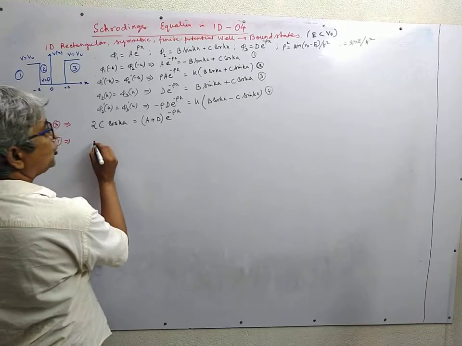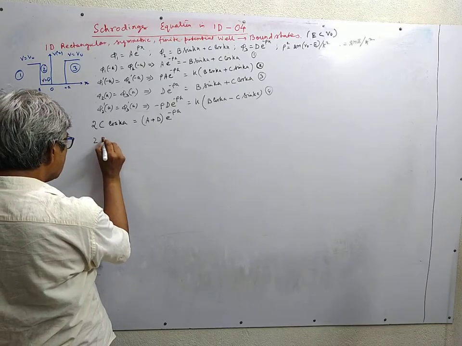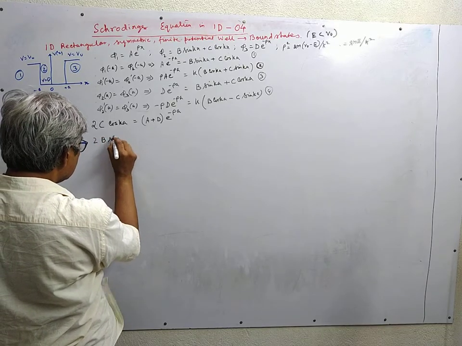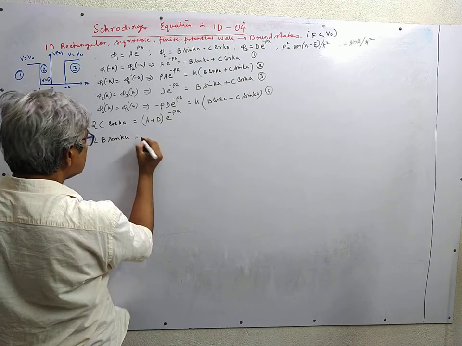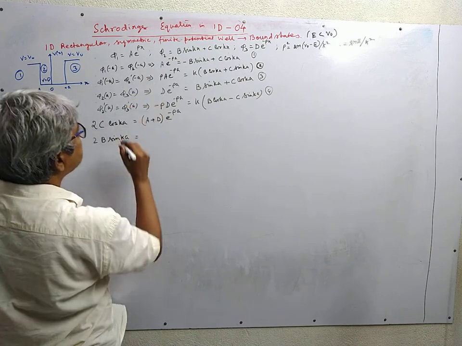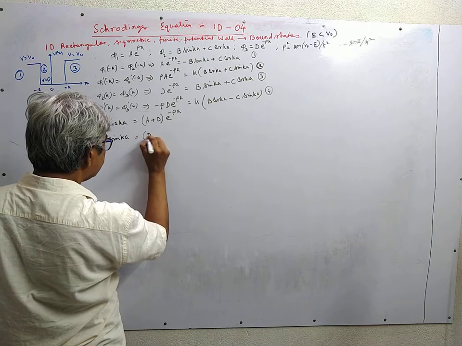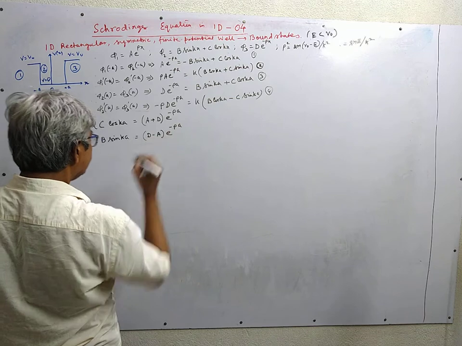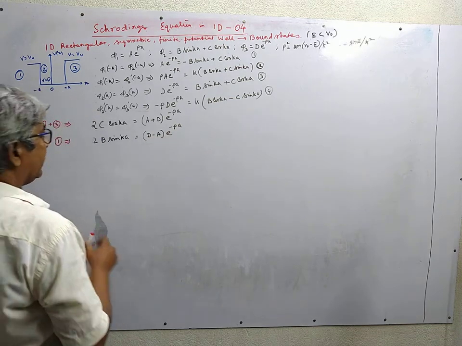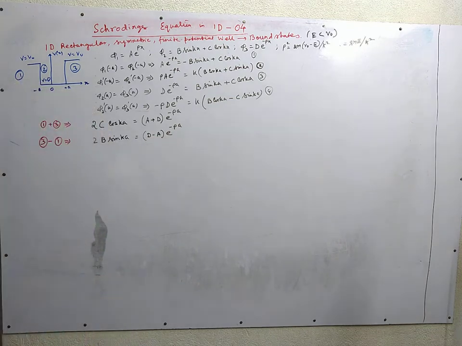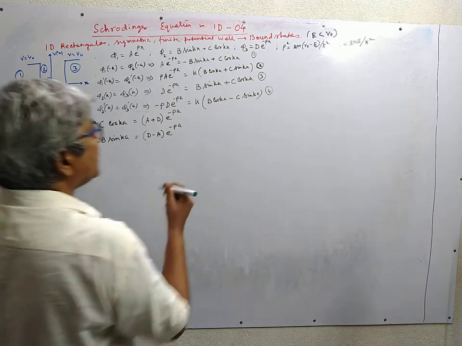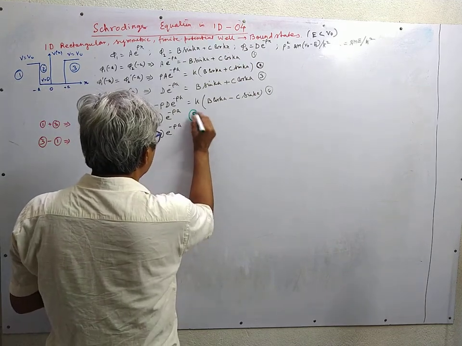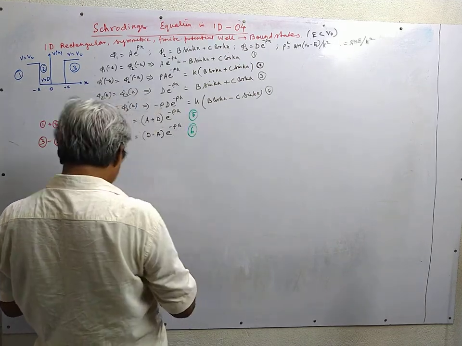So this is 2b sin ka equals (d minus a) e to the power minus rho a. We call this equation 5, this equation 6.